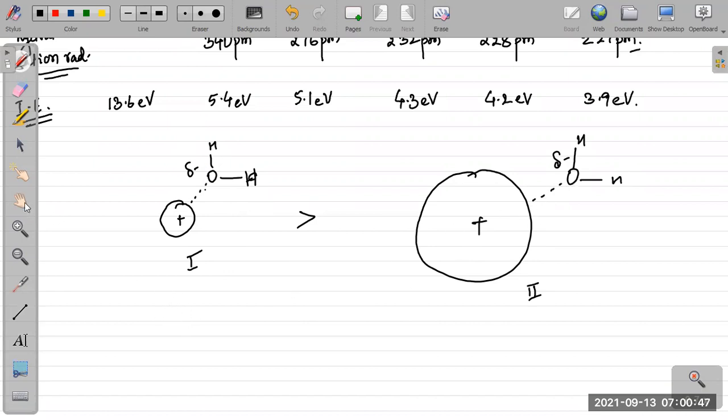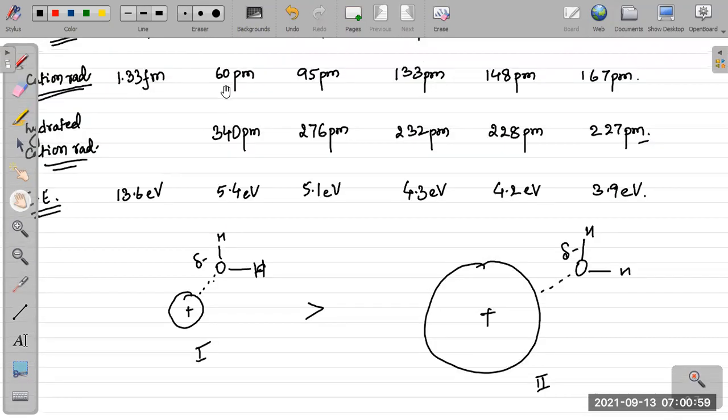And therefore, there are more H2O molecules which bind themselves to the smaller cation, and a greater level of secondary bondings.